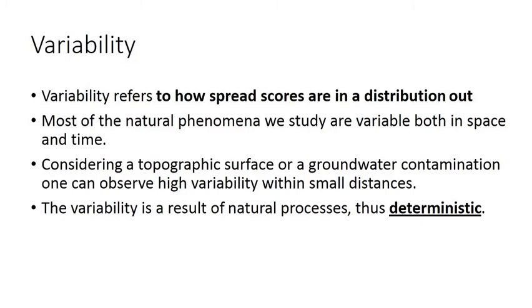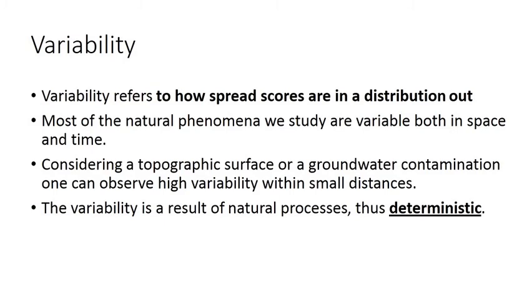So variability entails the distribution of spread, the variances, the differences between scores. So that's variability. Most of the natural phenomena we study are variable both in space and time. So most of these vary.